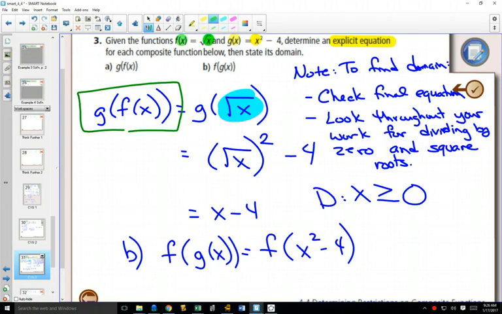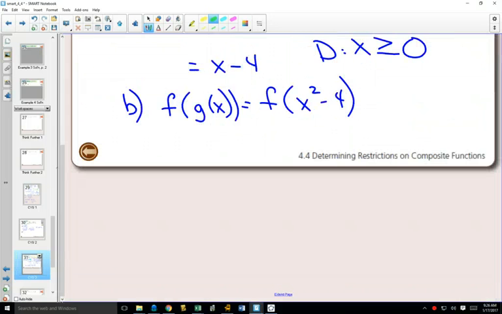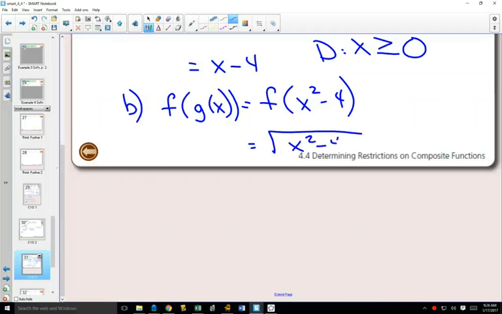So now we are plugging x squared minus 4 into f, and so we take the square root of it. Now to figure out our domain for our final function, we know that we can't take the square root of a negative.